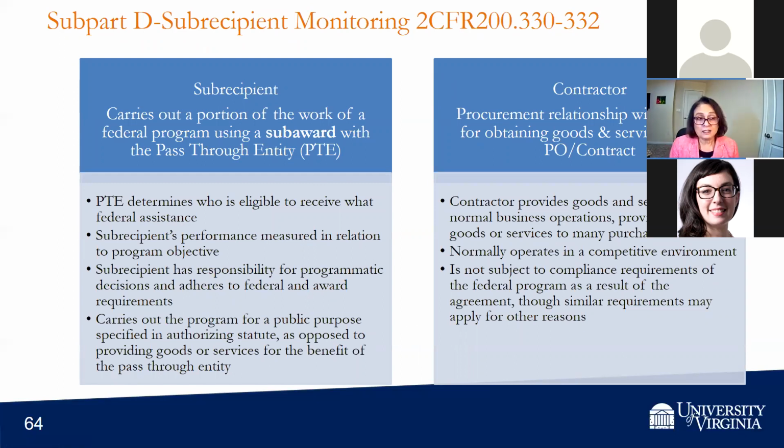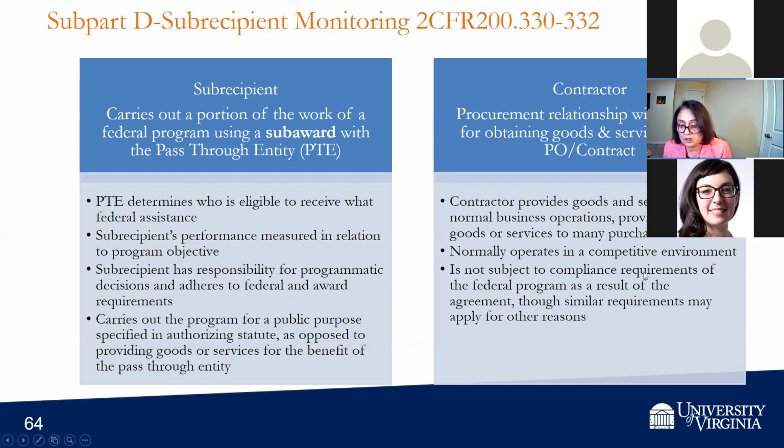The UG clearly defines what is a subrecipient or a subawardee versus a contractor. A subawardee gets involved with the actual scope of work, and they can make programmatic decisions, and they will generally carry out the program for the public purpose of the grant, whereas a contractor will provide goods and services within their own normal business operations, and they operate under a competitive environment, and is a vendor.